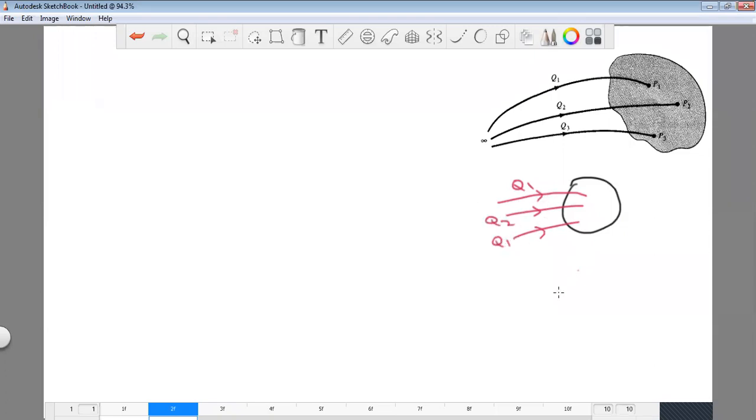Let us suppose first Q3 is going to move, next Q2, and then Q1. So Q3, Q2, Q1.